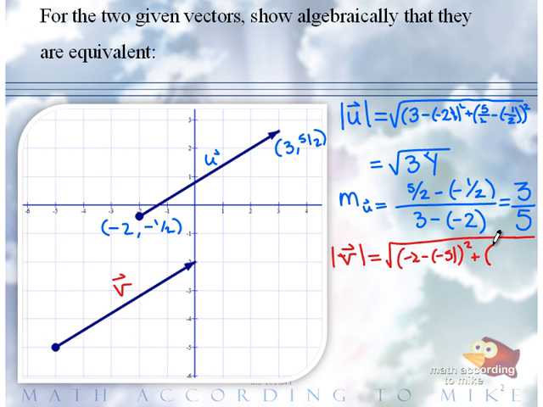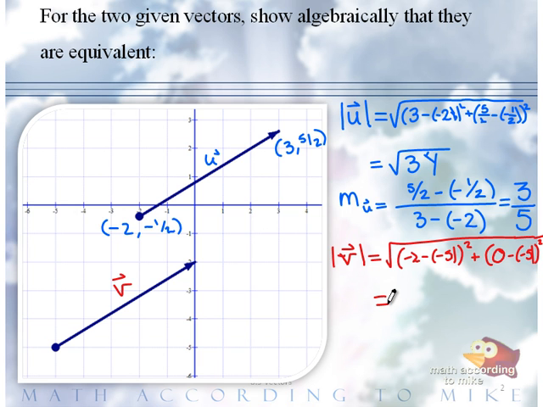0, 2, squared. What is -2 minus -5? Squared.